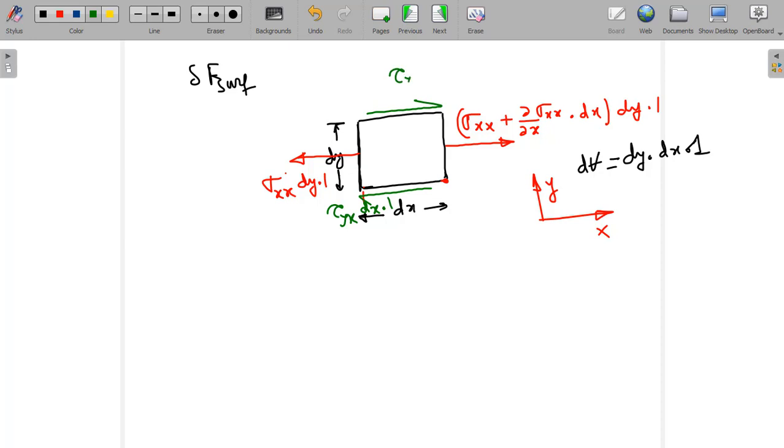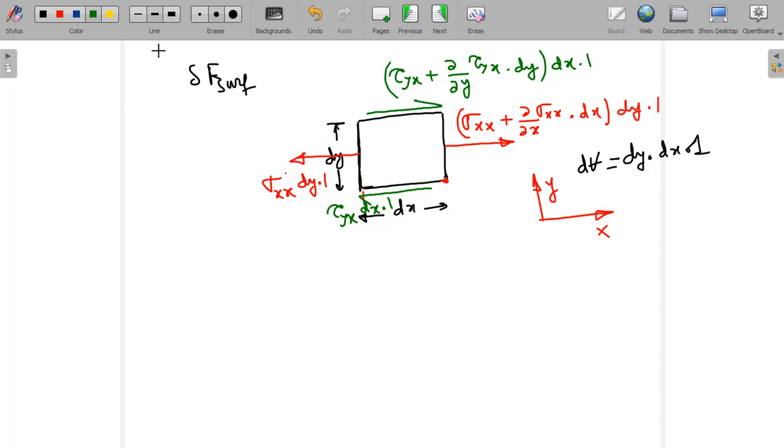That is tau yx plus, along the positive y direction, if you move by a dy distance, del y of tau yx into dy, and now you multiply by dx into 1, which is the area. So we have only considered up to the first derivative, and the higher order terms we have neglected in the Taylor's expansion. Now these are the stresses which are acting in the x direction.